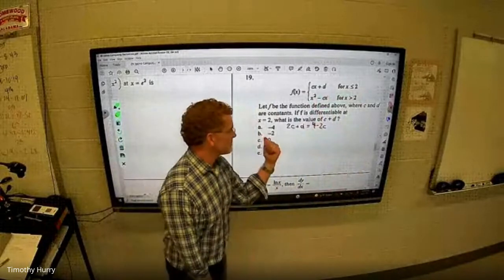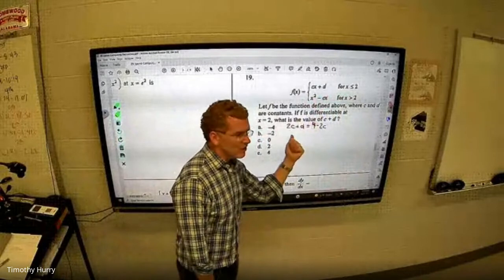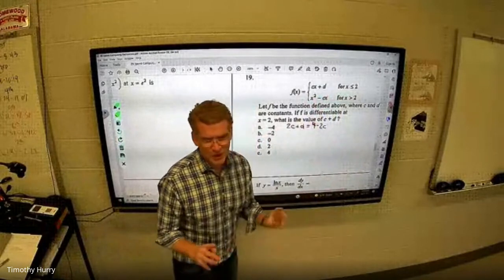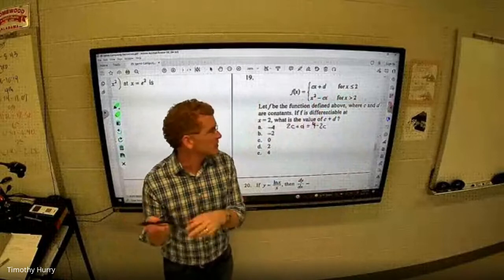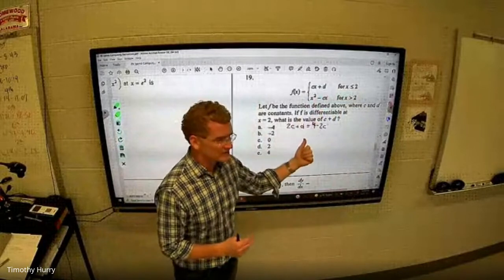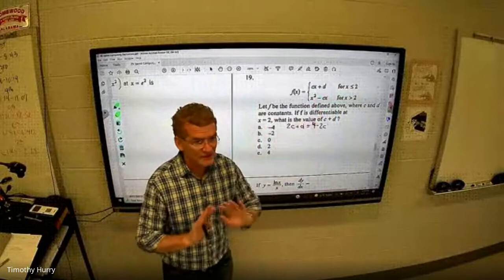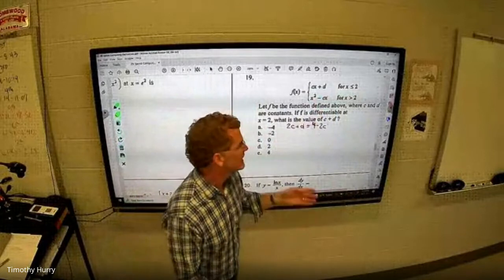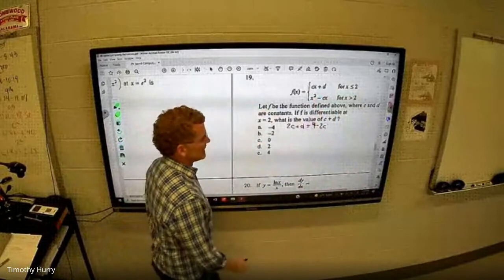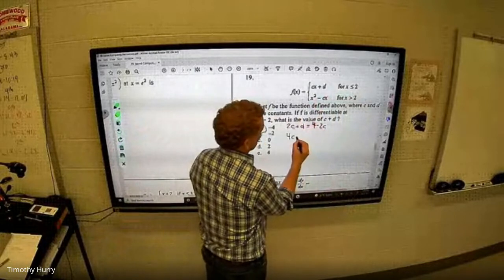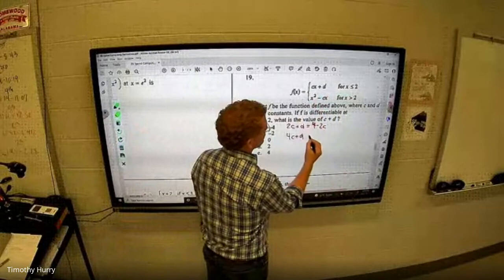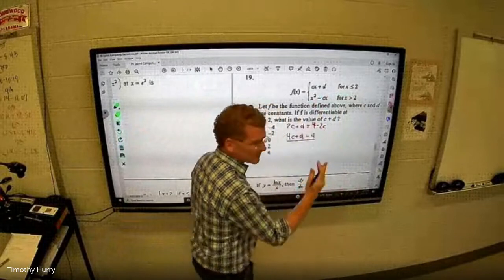I'm not showing all my work, but if I was, I would write the limit of f of x as x approaches 2 from the left is 2c plus d, and so on, to be clear to the AP reader. I don't need to do that on a multiple choice. Now, I can't solve for this yet, though I could add the 2c over to make a prettier looking value, but whatever.